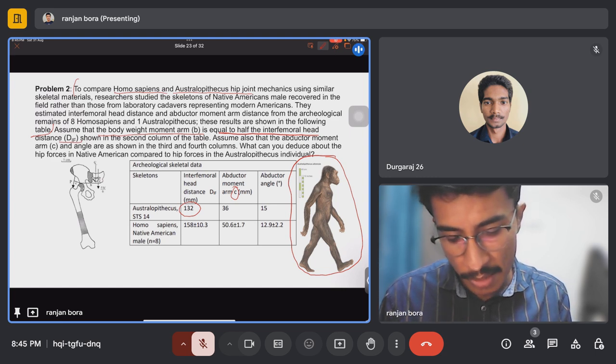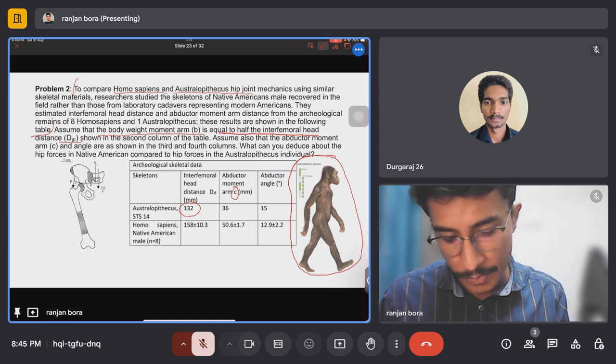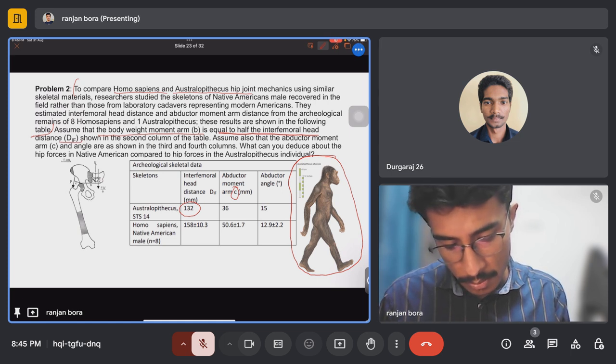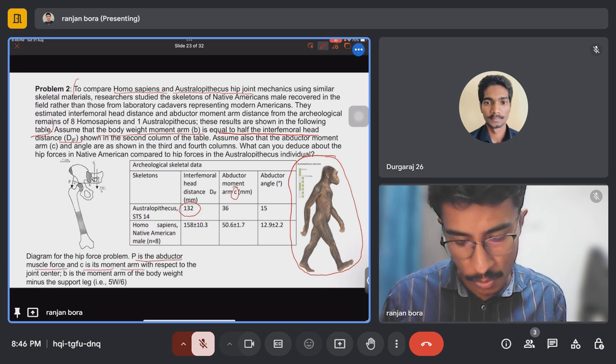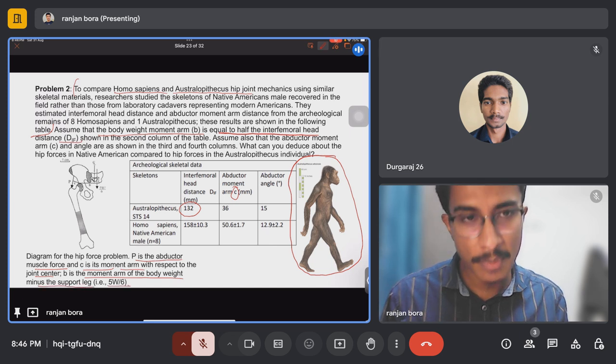Now you need to find out the hip joint reaction force. See, this is the diagram for hip force. Here P is the abductor muscle force and C is its moment arm with respect to the joint center. B is the moment arm of the body weight minus the support leg, 5W by 6.